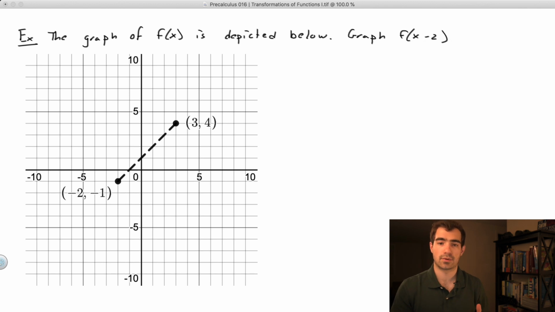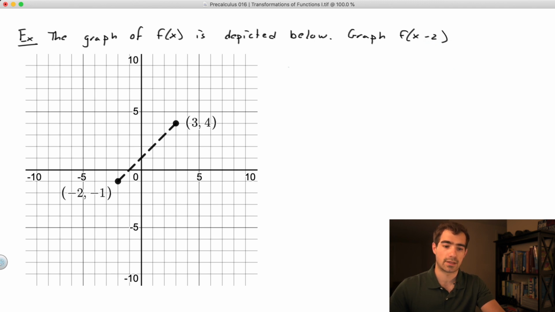And so we can explore in a similar example here how our graph of f of x might be shifted 2 units horizontally. And so to graph the function f of x minus 2, right, f of the quantity x minus 2, we're going to be shifting all of our points to the right, which means we're going to be changing all of our x coordinates by 2 units.